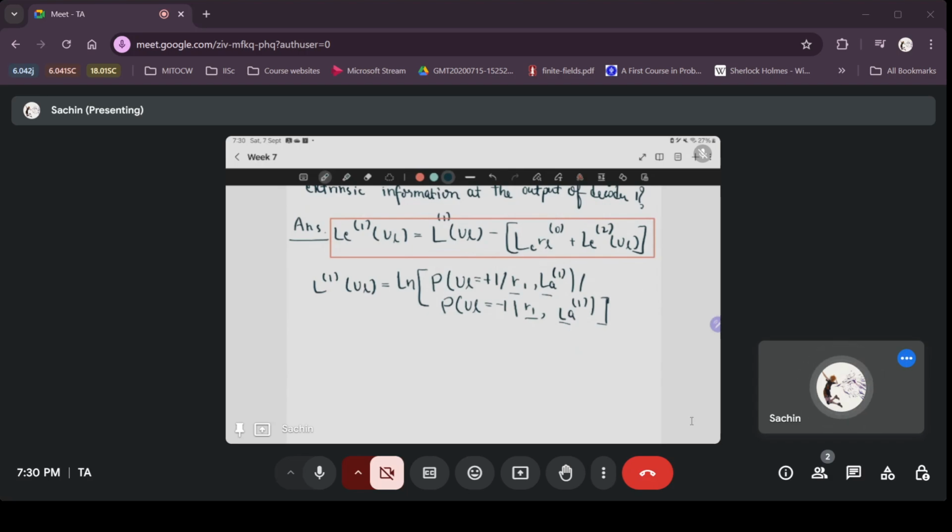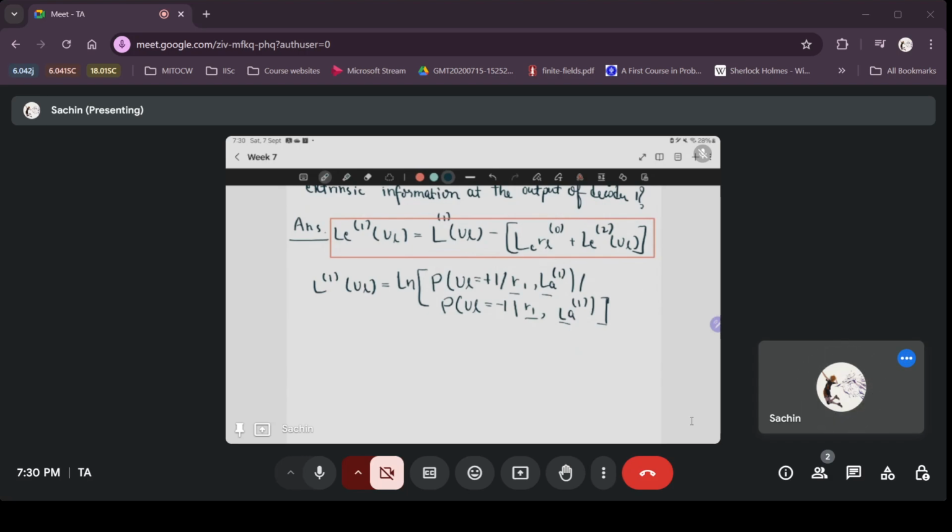That's why you are subtracting LC RL of 0 and LE2 of UL.